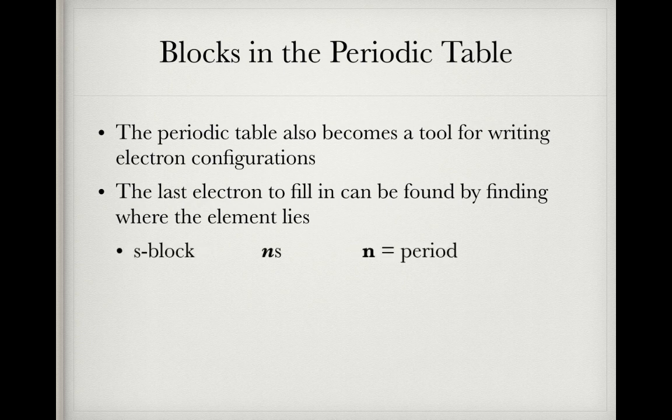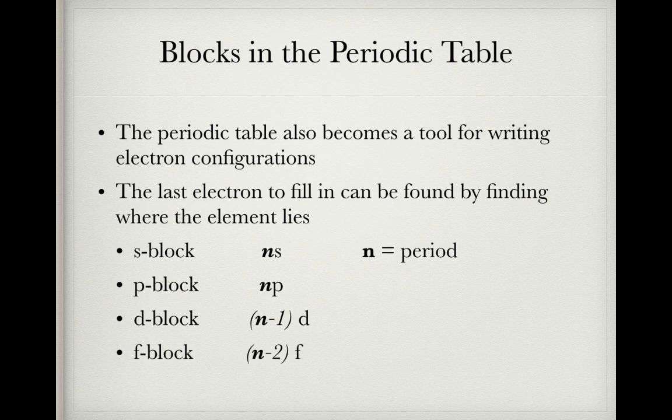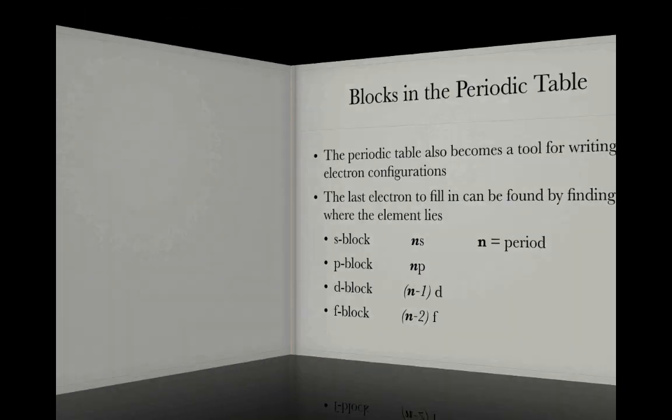We've got S blocks, which fill in as ns, where n is the period. We have P blocks, D blocks, which fill in as n-1, and F blocks, which fill in as n-2. Let's see what all that means.